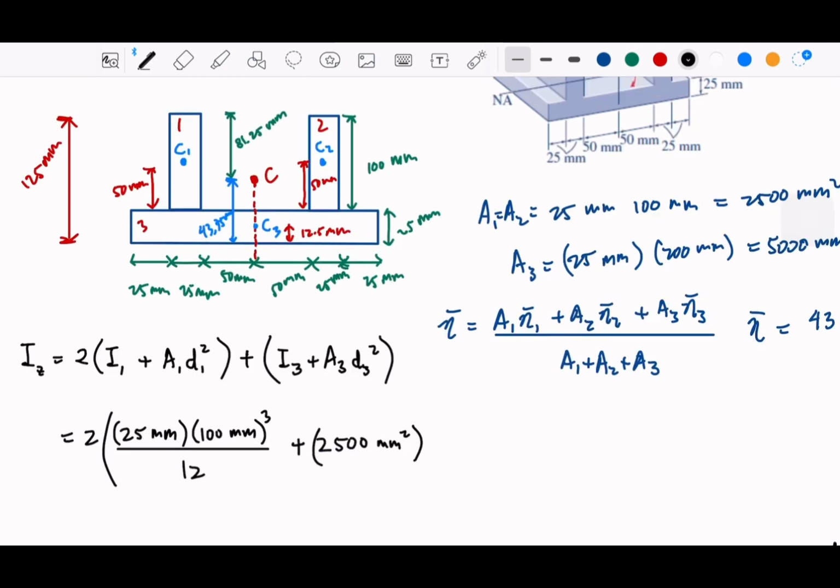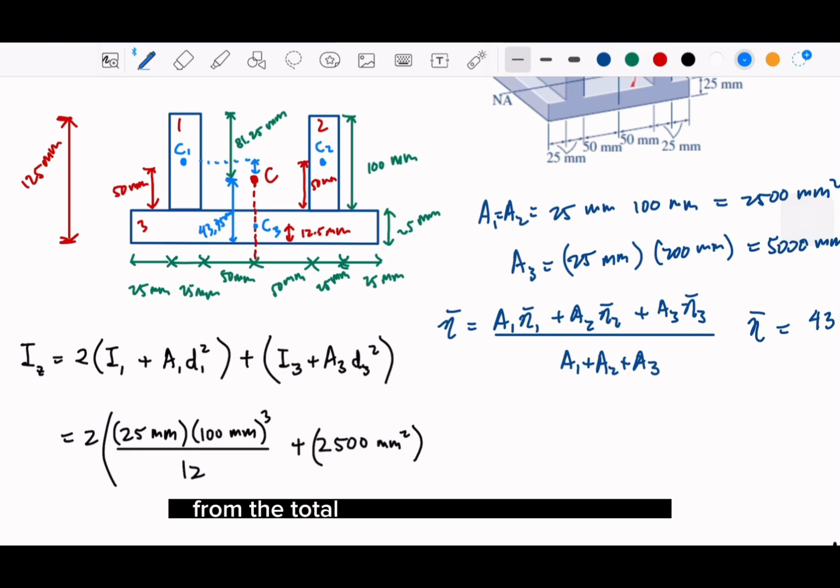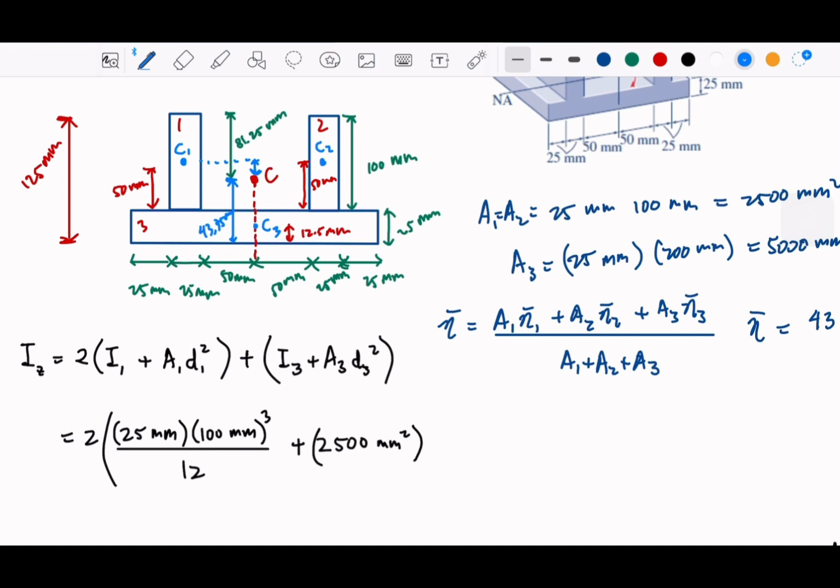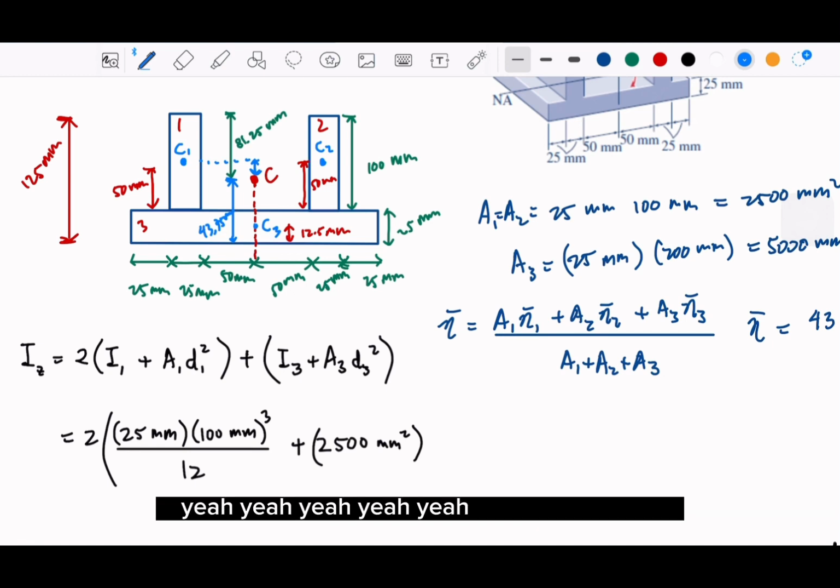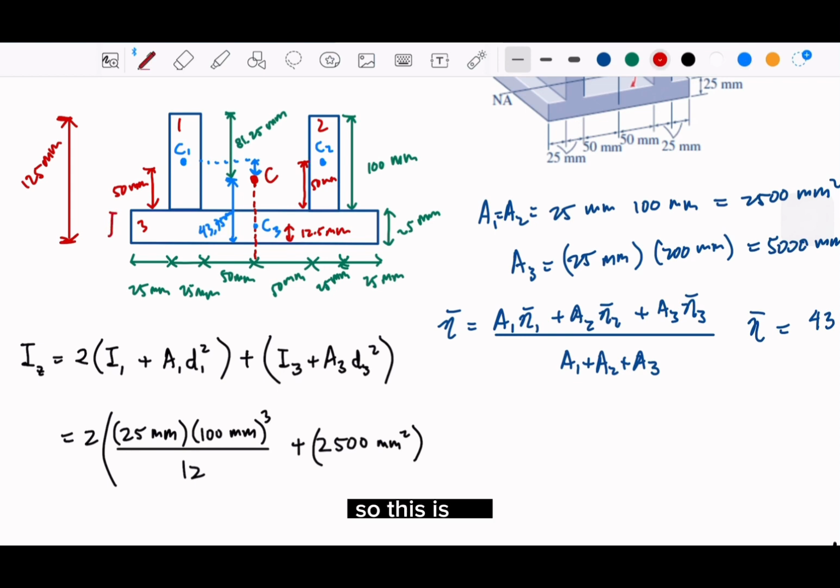Let me check. 43 minus 12. So we need to find the distance here from the total centroid to the centroid 1. What is that? It should be 75. Yeah, correct. So this is 25.